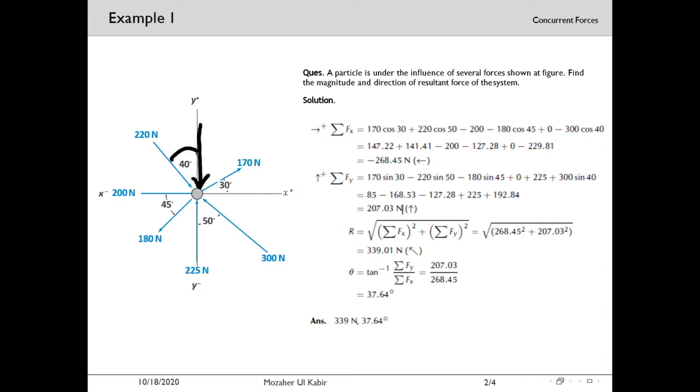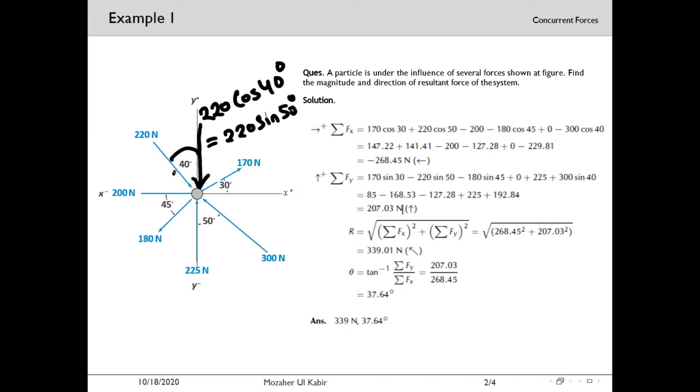The angle is 40 degree, it's given with the y component, so the value of this y component will be 220 cos 40 degree. We can also write it as 220 sine 50 degree. Why 220 sine 50?